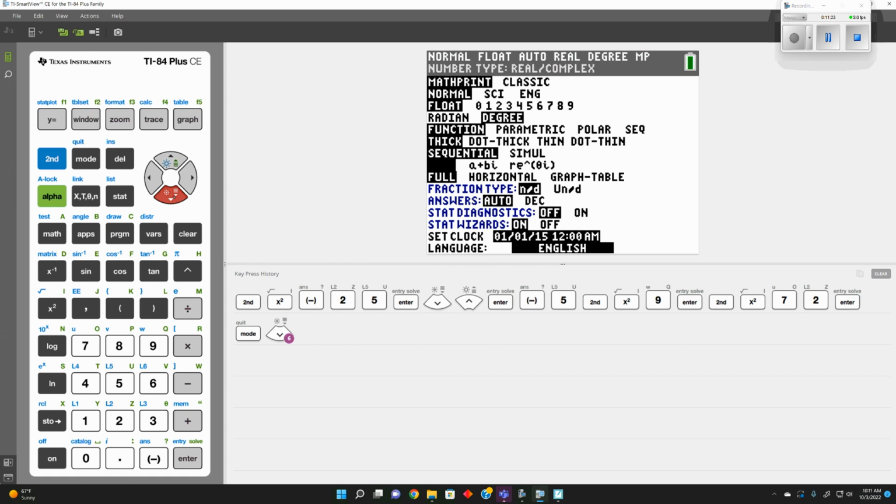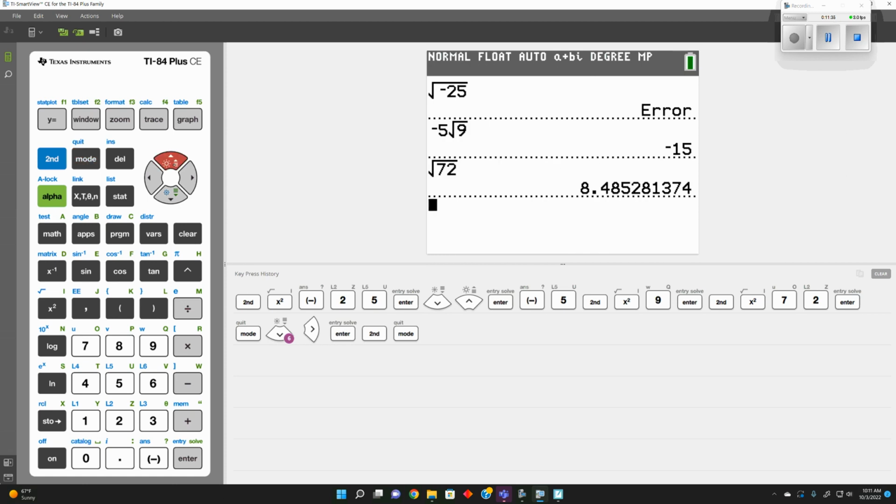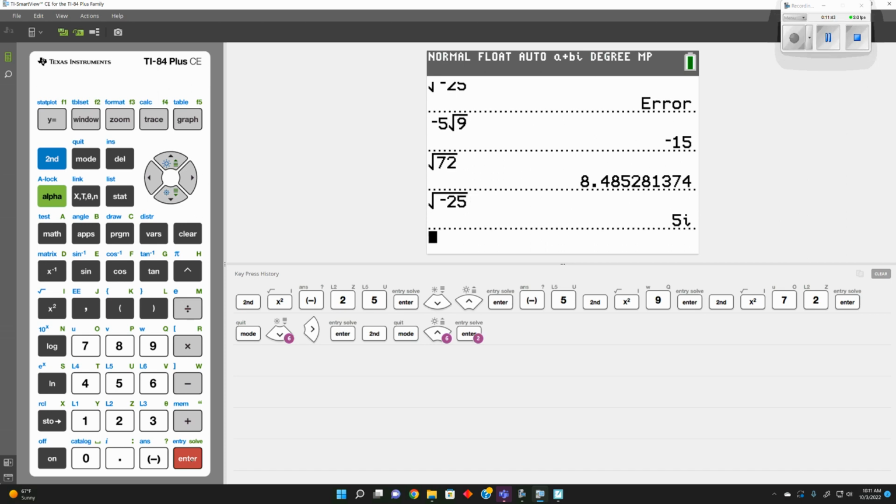In this mode, it's telling the calculator, I want you to only calculate in real numbers. A plus bi, if I hit enter on this here, second quit, I'll go back to the square root of -25. What? Okay, how'd you do that again?